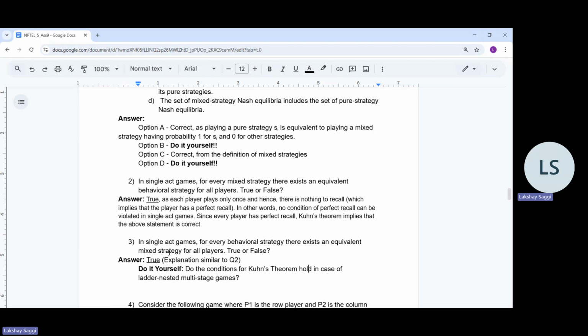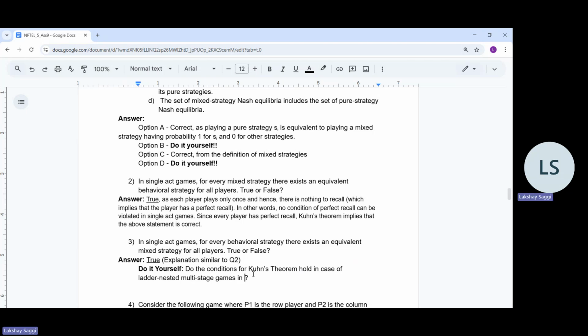So similarly, in these ladder nested multi-stage games, do you think Kuhn's theorem will hold, and hence can we always find an equivalent behavioral strategy for a mixed strategy in these games?